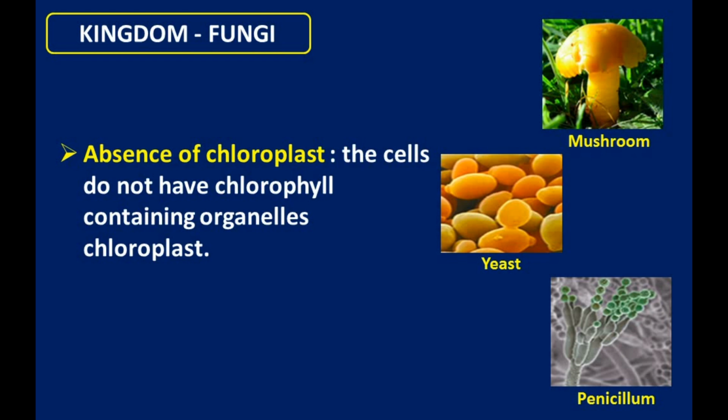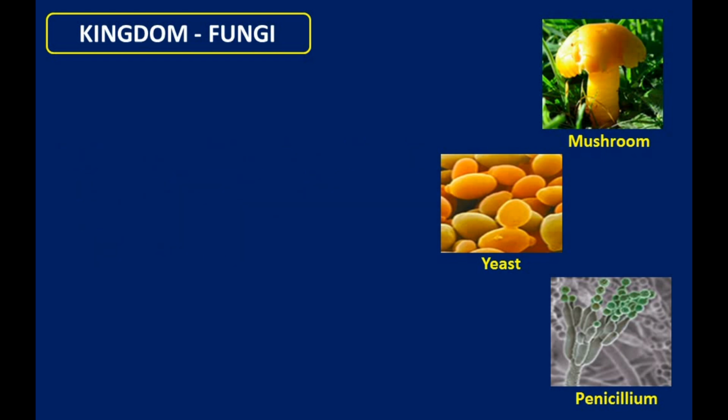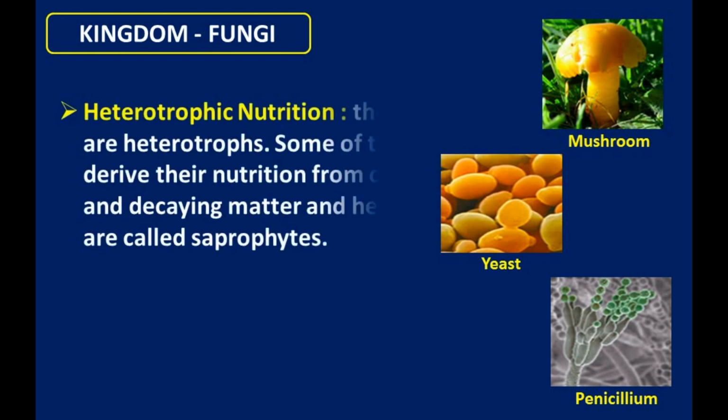It means they do not synthesize their own food because chlorophyll-containing organelle like chloroplast is absent in the fungus. Their mode of nutrition is heterotrophic. They obtain their food from another organism.